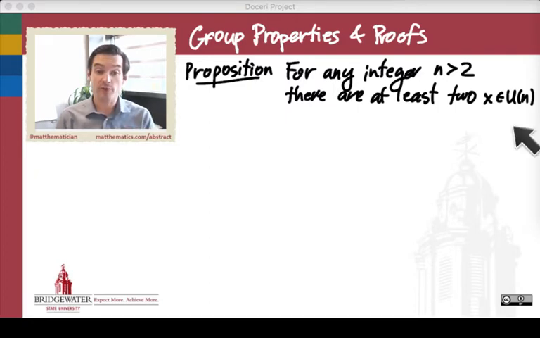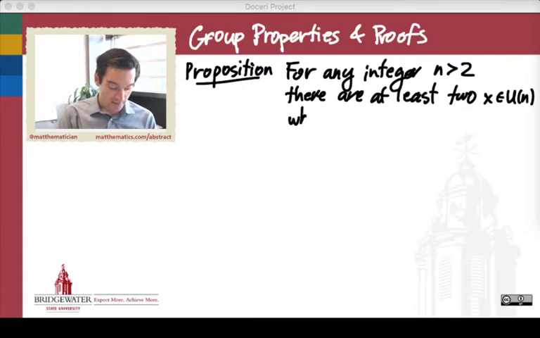So U_n, the group of units modulo n. There are at least two elements in that group of multiplication modulo n which satisfy x squared is equal to 1.